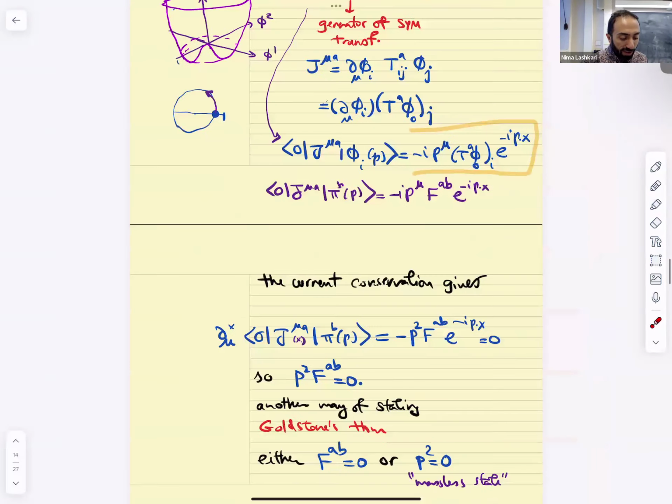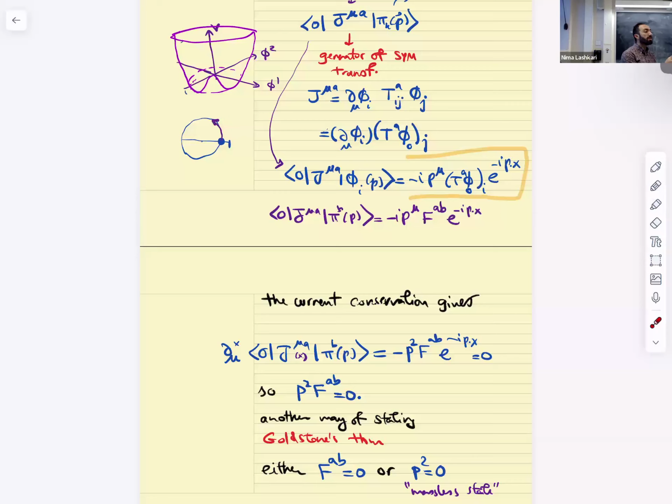This discussion was perhaps a little bit quick, but I invite you to think a little bit more carefully about it, because in the remainder of this lecture and the next lecture, we're going to come back to this several times from different angles. The idea is that the distinction between the vacuum that we arbitrarily picked and the state with a bunch of Goldstone bosons is just a symmetry transformation.